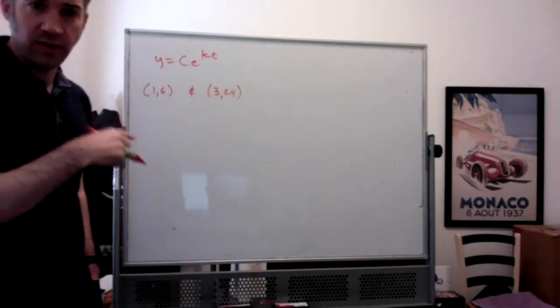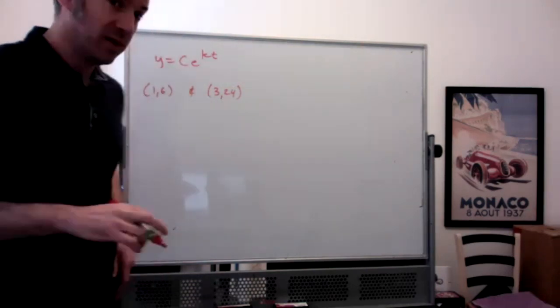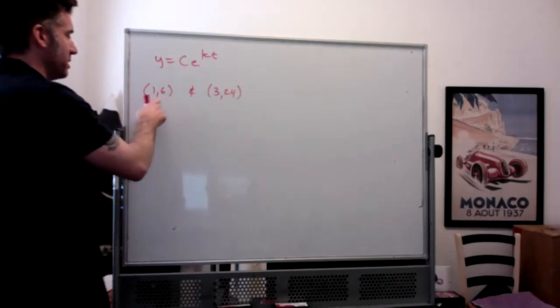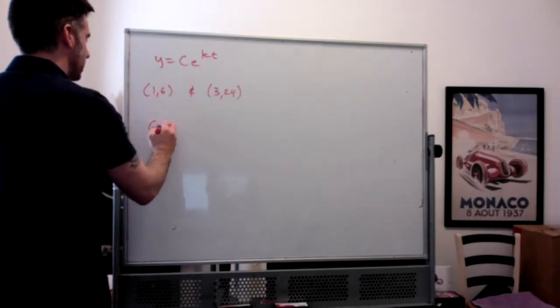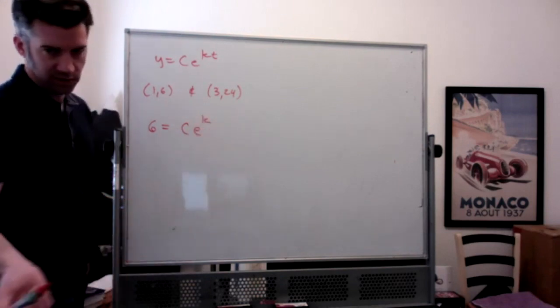What's challenging about this problem versus the previous problem is you can't just find c right off the bat. So if I plug in 1 for t and 6 for y, I get 6 equal to c e to the k times 1, which is just k.